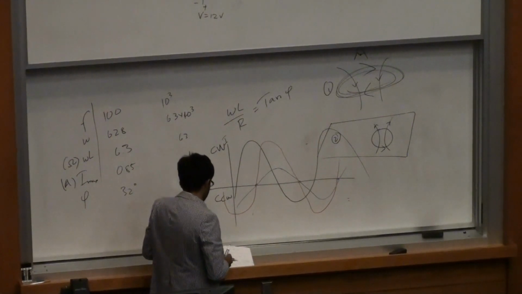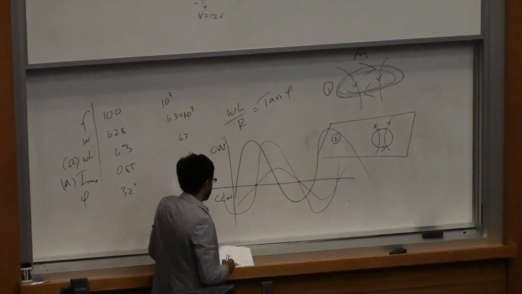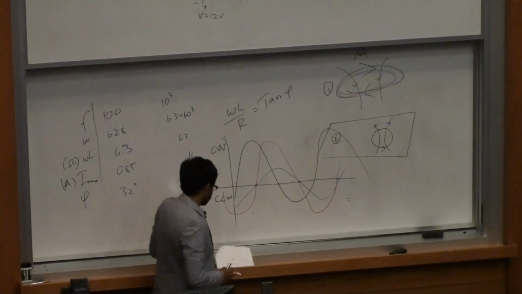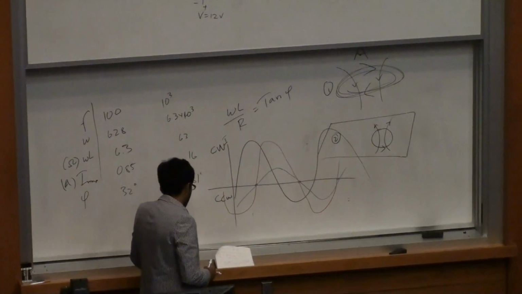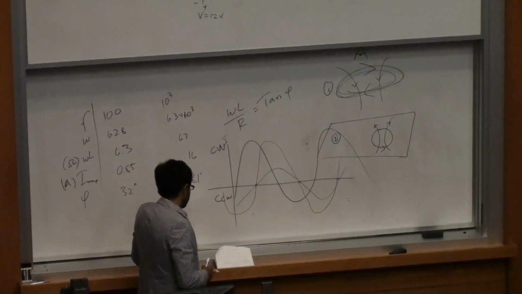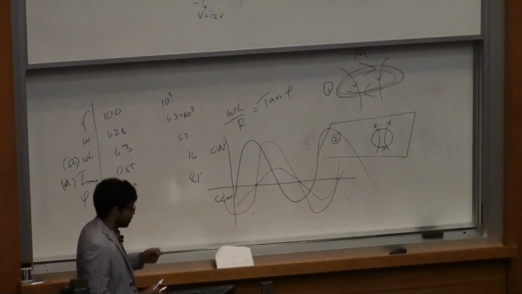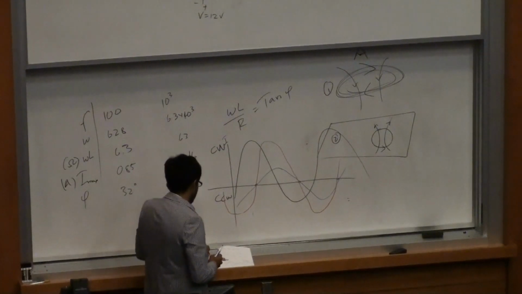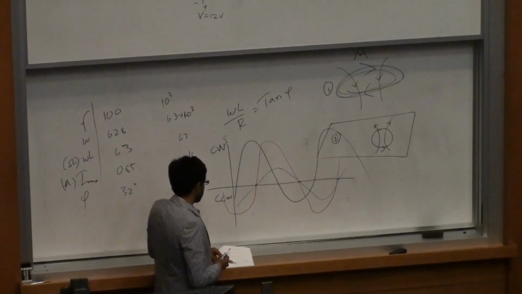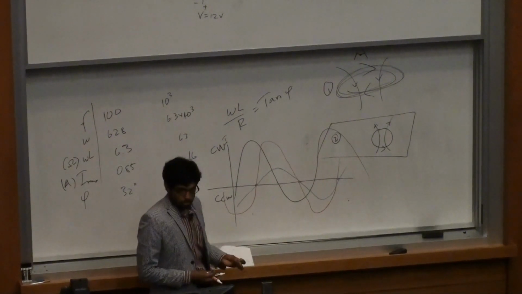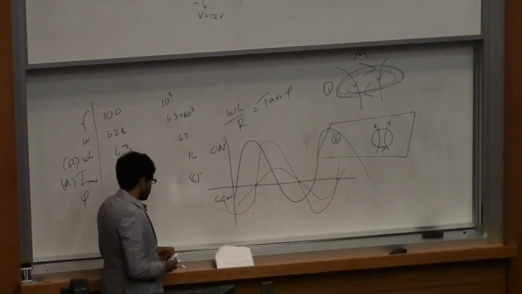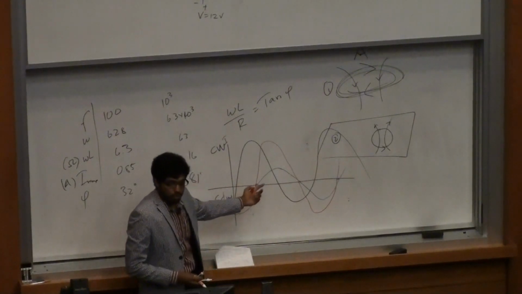So when you have the magnetic field increasing, the current goes up in loop 1, right? And the EMF in loop 2 is in such a direction that it opposes the change in magnetic field to begin with. When the magnetic field goes down, the current would go down, and the EMF would immediately flip over.